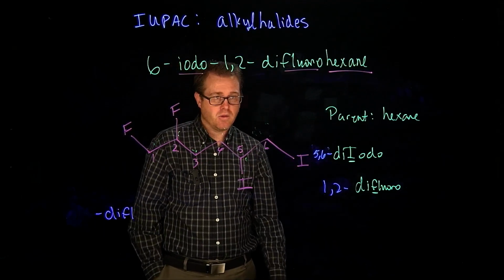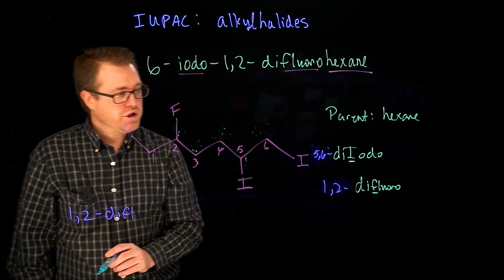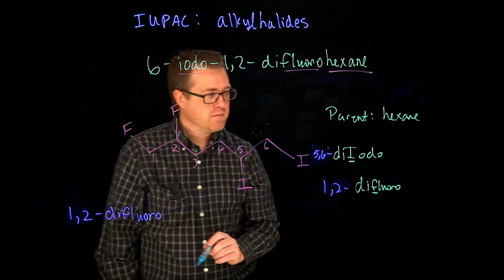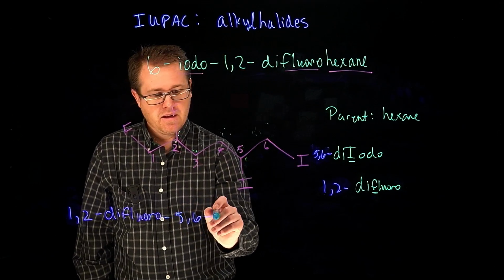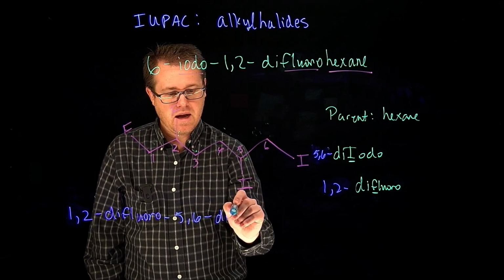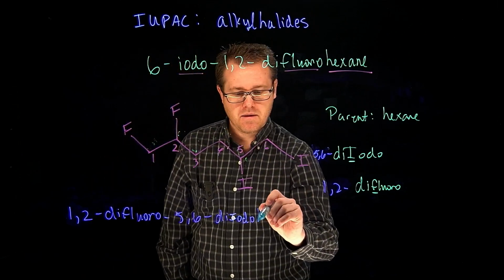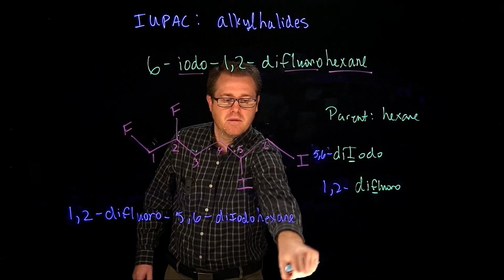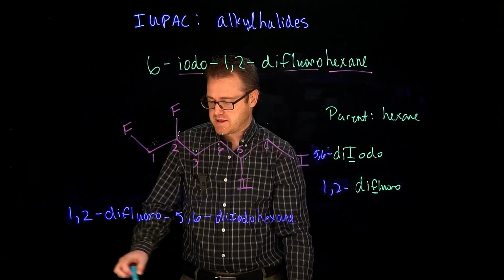That's alphabetical order and the proper numbering. 1,2-difluoro-5,6-diiodohexane. No period. Just like that. So that breaks that tie.